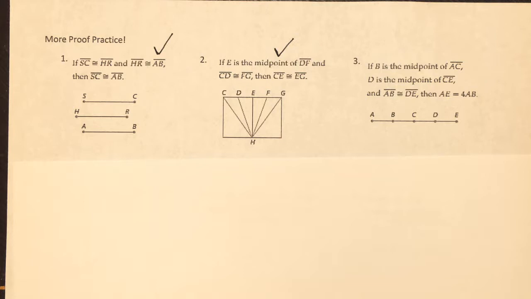Not subtraction, because they're not equal to each other. But there's actually two ways I see that you could do this. I definitely see transitive, right? Cut out the HR, SC is equal to AP. But technically, someone in first period said, well, if SC is equal to HR, then instead of writing HR, I can write SC, which is what property?